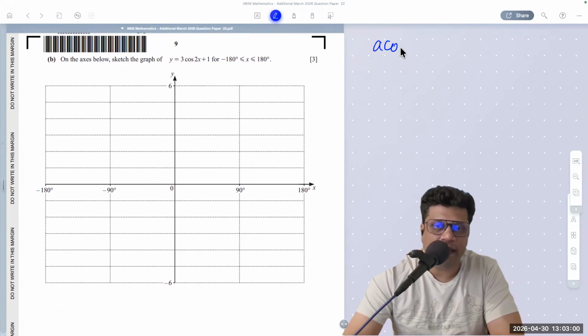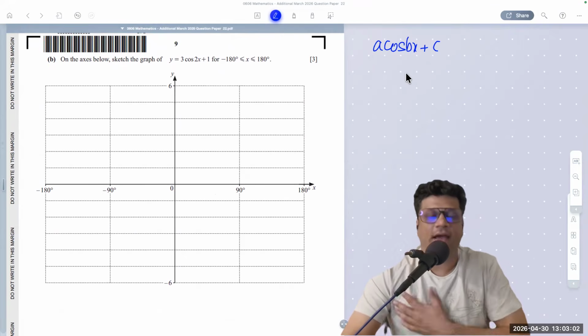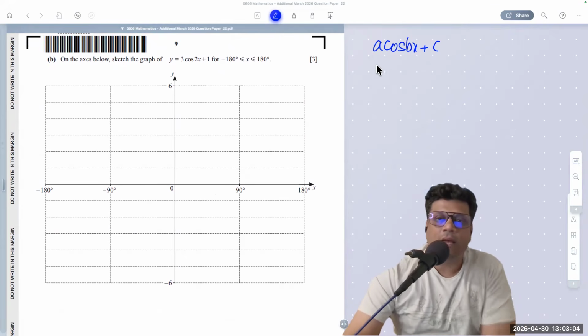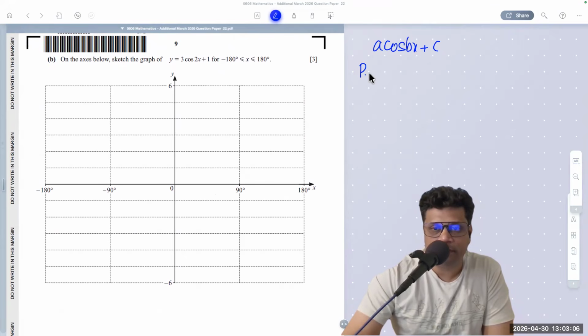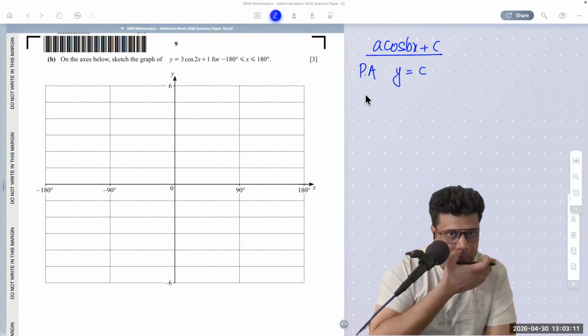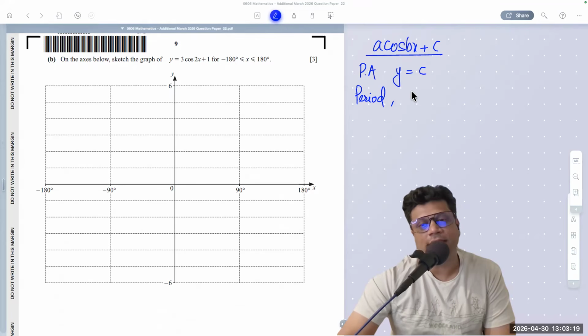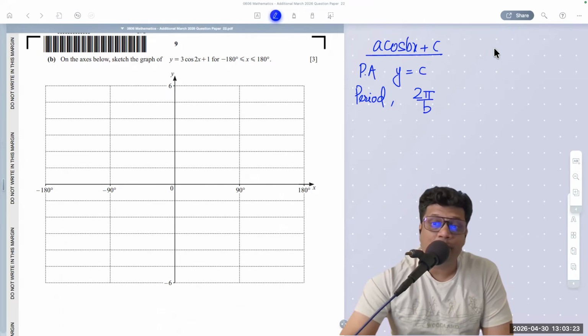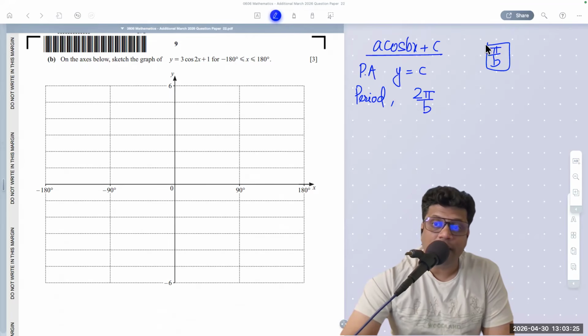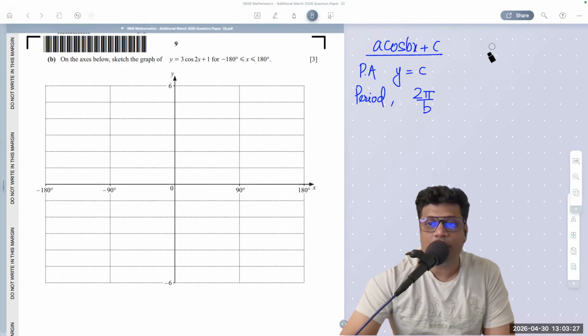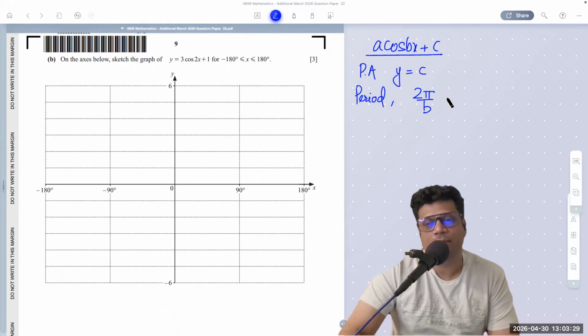If it's a cos of bx plus c, I know that the principal axis is going to be y equal to c. I know that the period, if it's a cos curve, is going to be 2 pi by b. It was pi by b for a tan curve. For a cos curve, it's 2 pi by b.